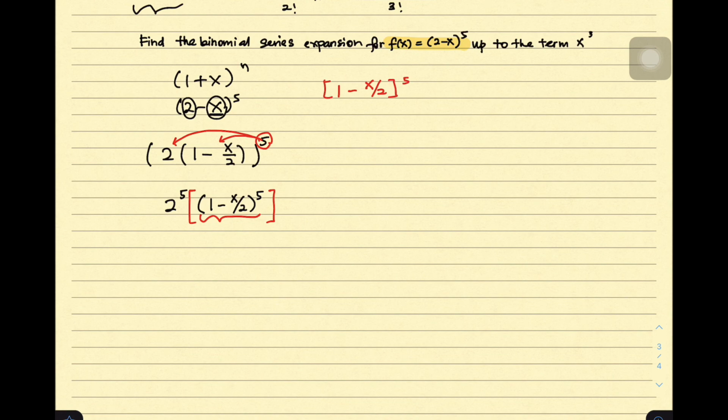So bila awak compare dengan original binomial expansion, so you nampak you punya x adalah negative x over 2, you punya n adalah 5.